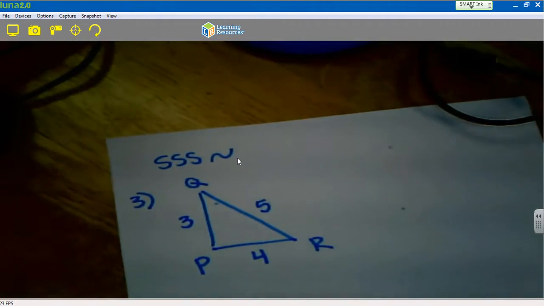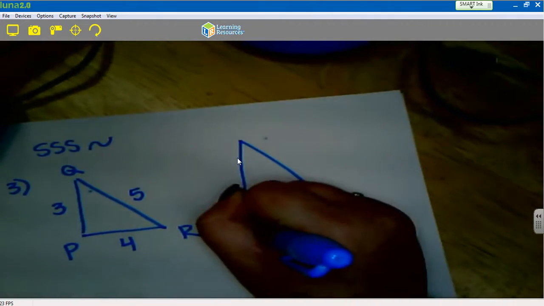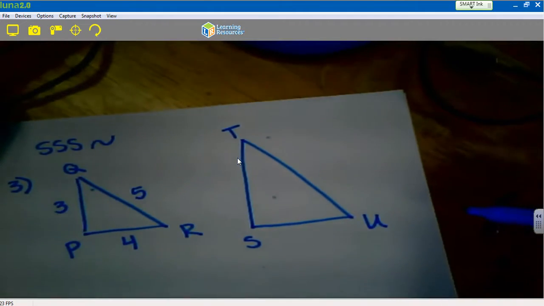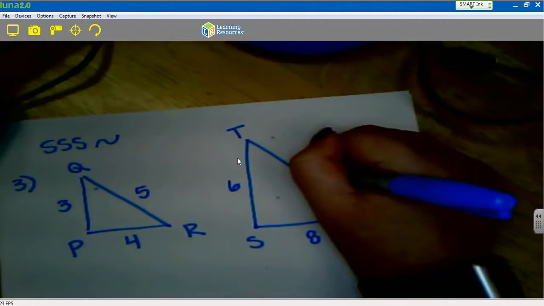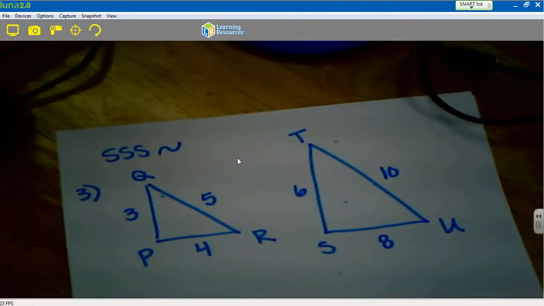And their side lengths are 3, 4, and 5. And triangle STU, their side lengths are 6, 8, and 10. So we need to show that all the pairs of corresponding sides are proportional.